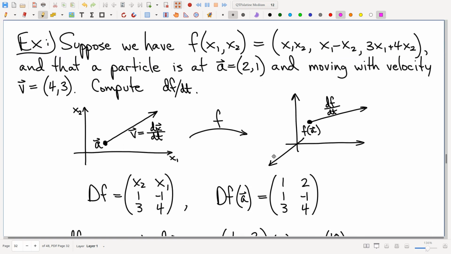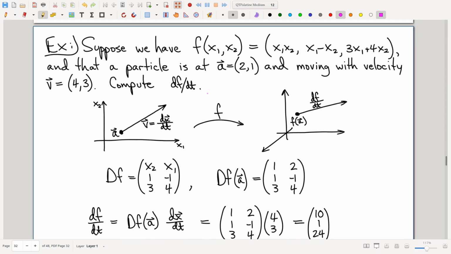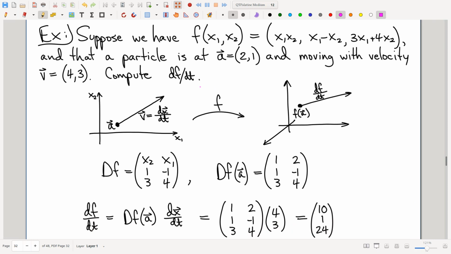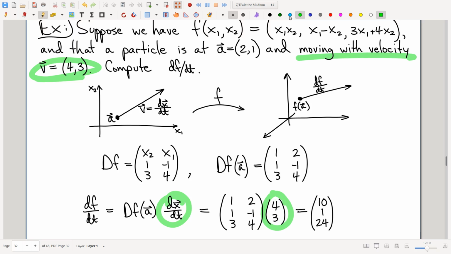Okay, so example, let me be really quick with this example. It's straight up what we just talked about. And by the way, all we just did is talk about how the interpretation we just made was old news. We know from section 2.3 that derivative matrices are what you multiply by input velocities to get output velocities. And that's all this question is about. This question says, suppose you have an input velocity, 3, and you want to know what is the corresponding output velocity.